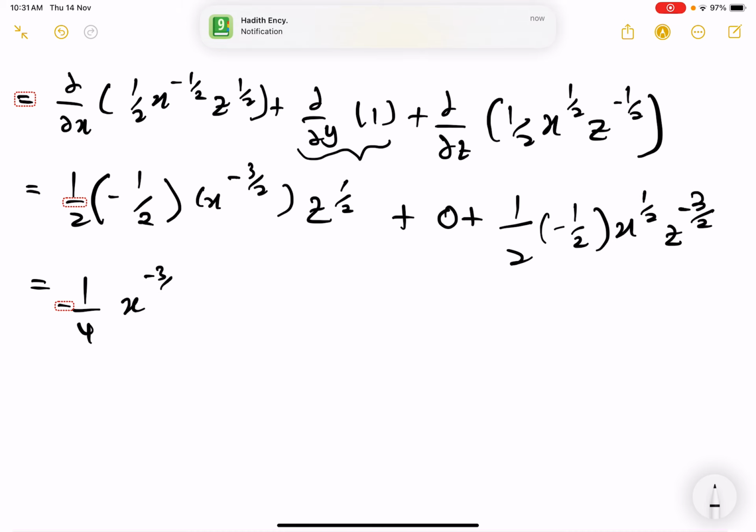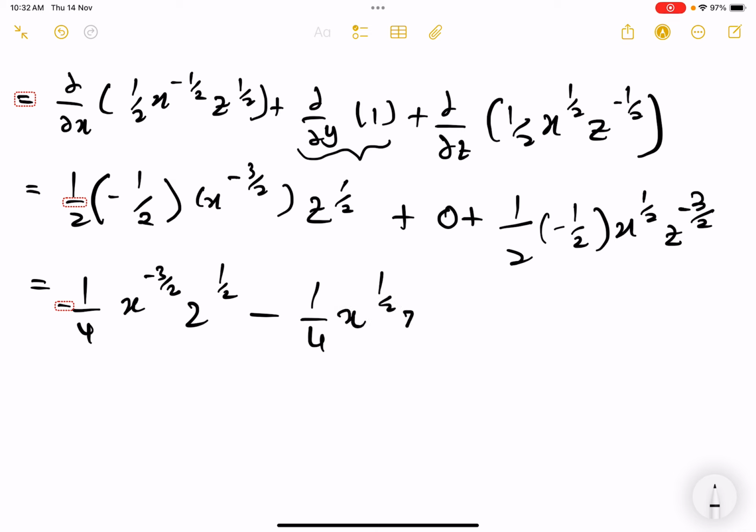X power negative 3/2 half minus x power half z power of negative 3/2. It is just interchangeable, right? So this is your Laplacian, the Laplacian of the equation.